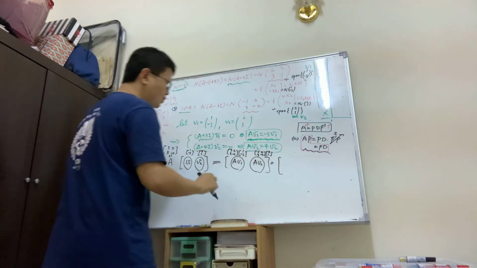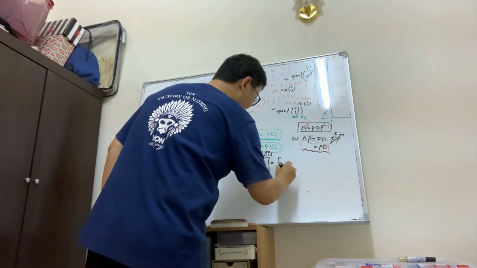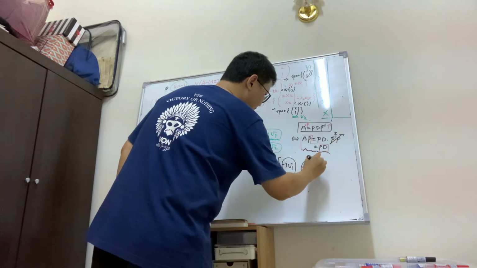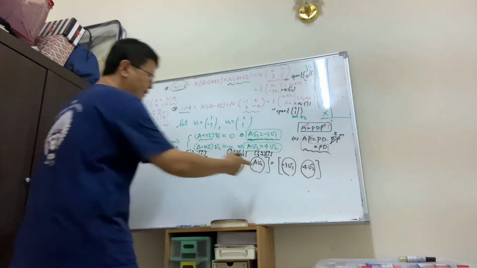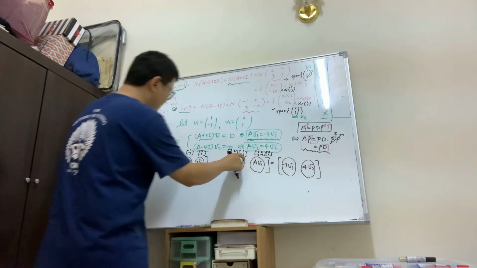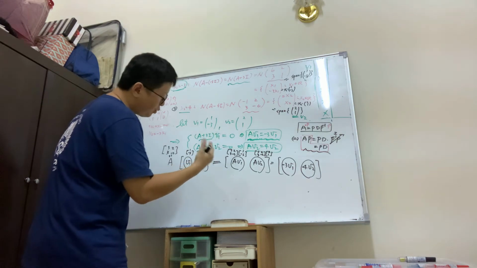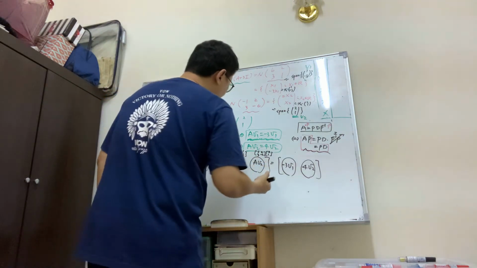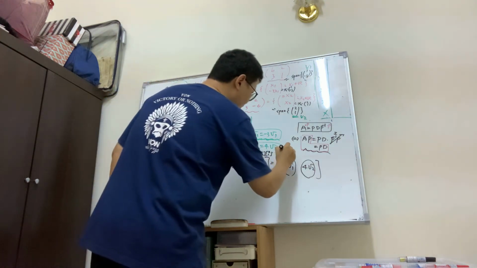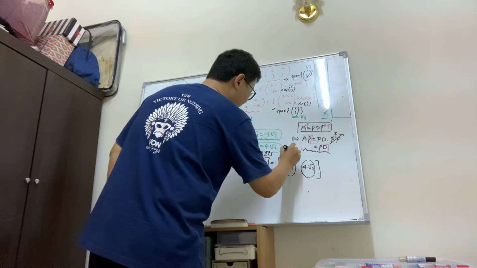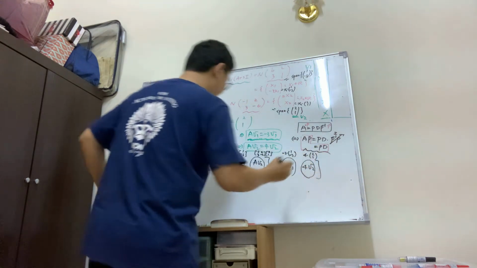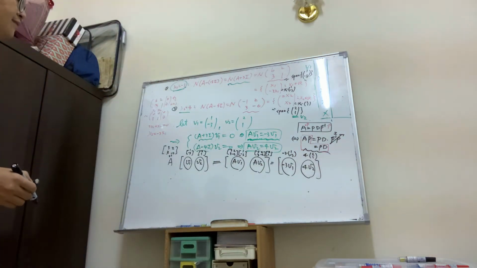AV1 is actually negative 3V1, and AV2 is 4V2. So for this 2 by 1, negative 3 times V1 is negative 3 times 1, negative 3, and then 4 times V2 is 4 times 2, 1.